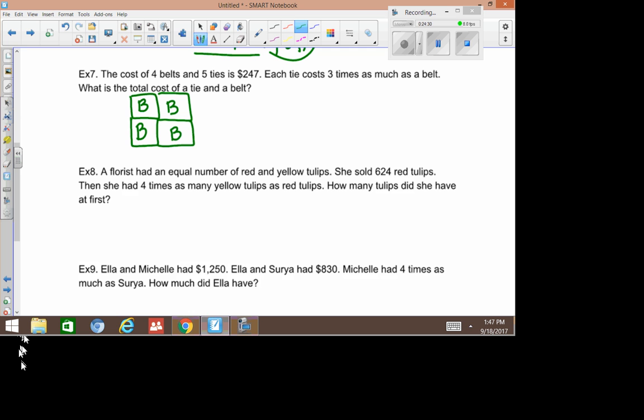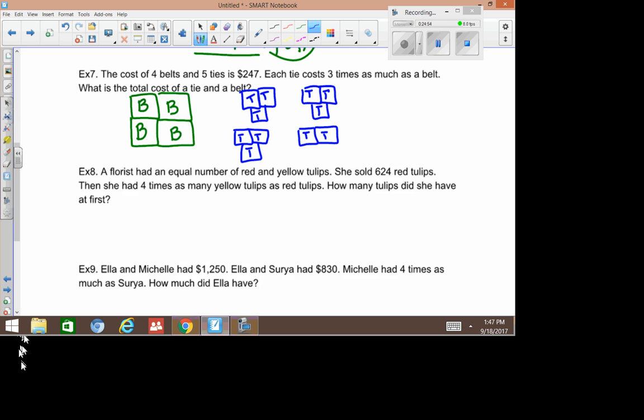So whatever this is, I got 3 more ties, right? For each belt, I have 3 ties. Do you agree? Yeah? Okay, so I'm going to do that for each little box that I have.